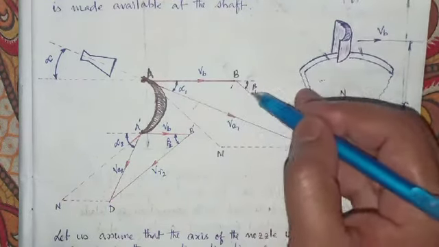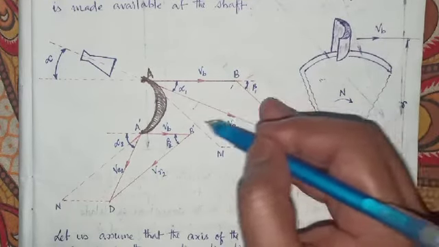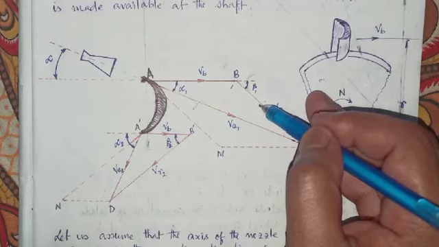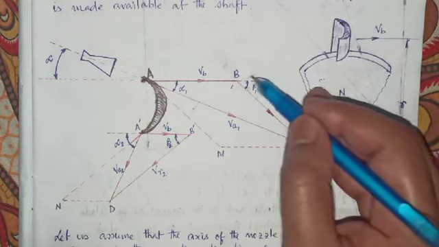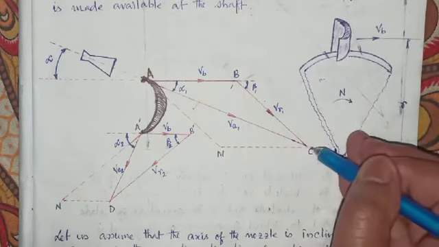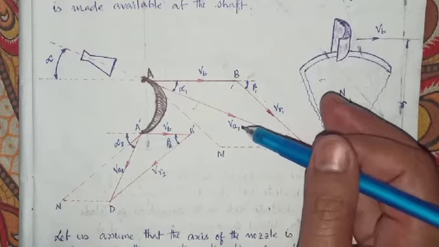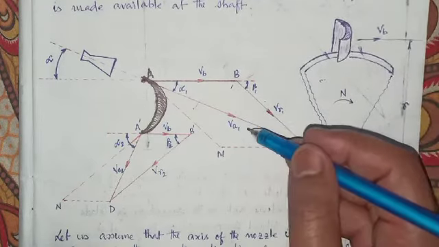Now this line has to be parallel to this one. In this way we can evaluate this angle, and forming this parallel line is very easy, irrespective of the type of data.